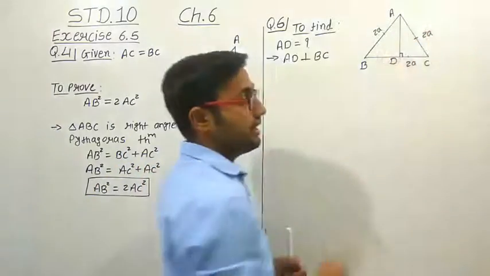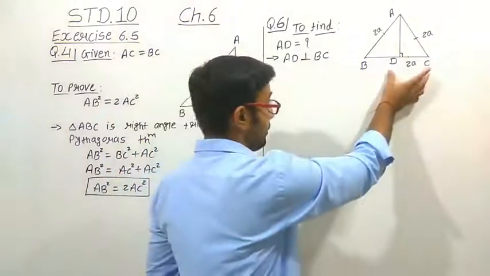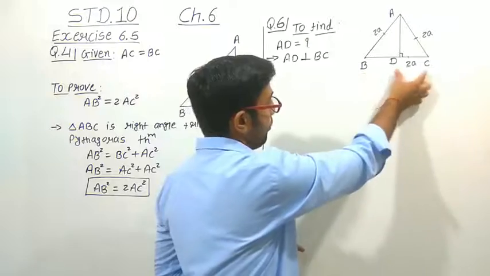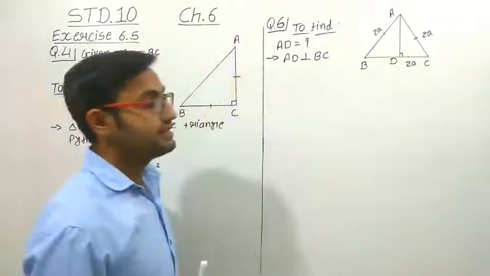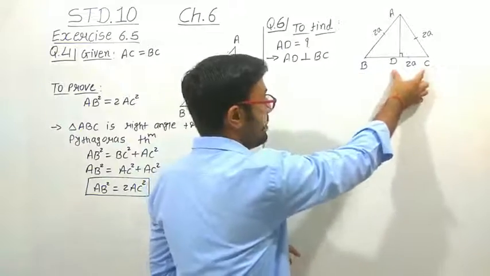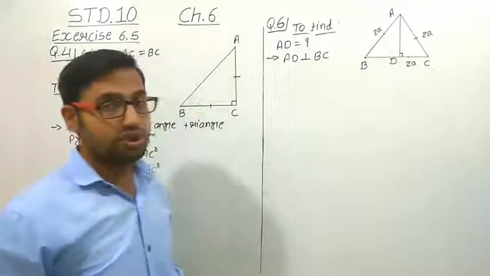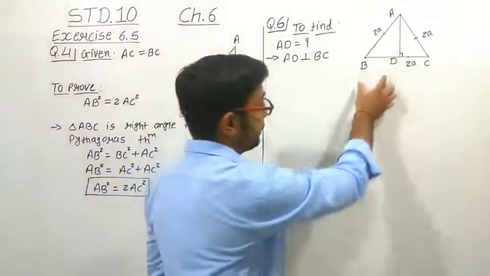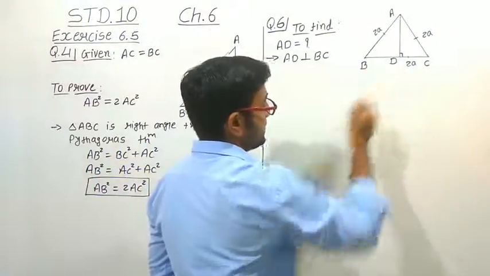We don't have AD. Actually we have to find out it, but we don't have BD, BC. Either we do not have BD or we do not have DC. If we have either BD or DC, we can directly use the Pythagoras theorem, but we do not have anything. So first of all we have to find out the value of BD and DC.